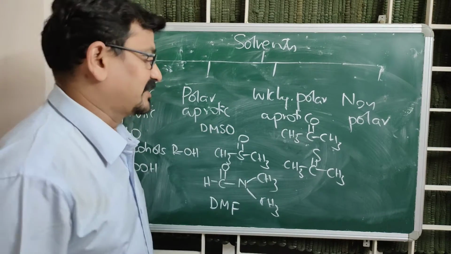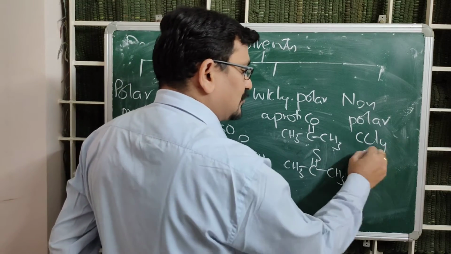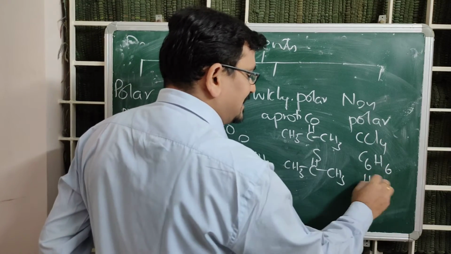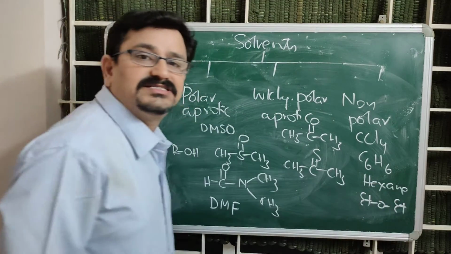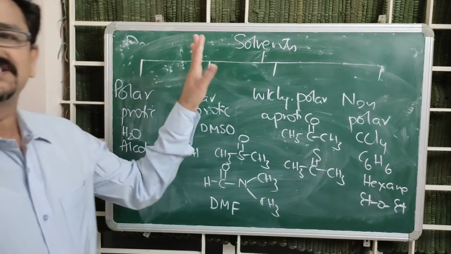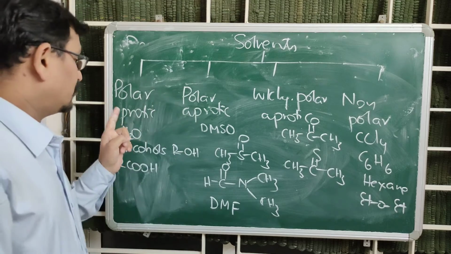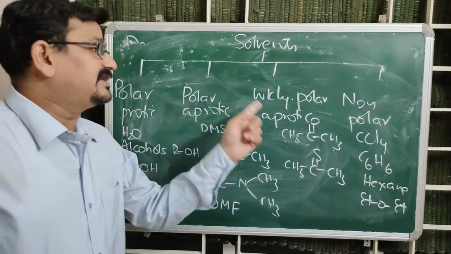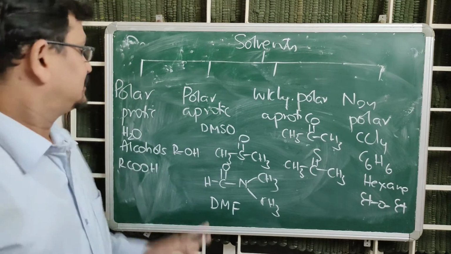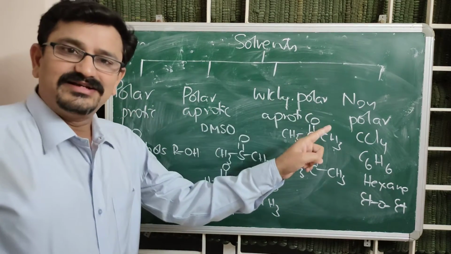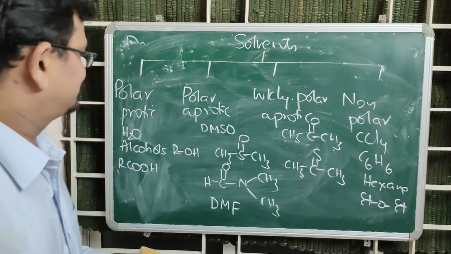When it comes to non-polar solvents, examples are carbon tetrachloride, benzene, hexane, dimethyl ether, etc. So this is a simple classification of solvents into 4 categories: polar protic, polar aprotic, weakly polar aprotic, and non-polar. The point to be studied here is that with the change in type of solvent, the nucleophilicity trend also varies. Let us go through that one.